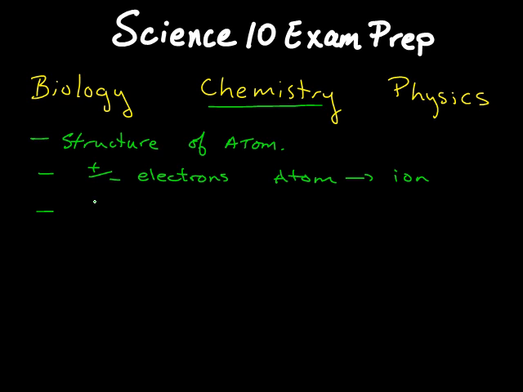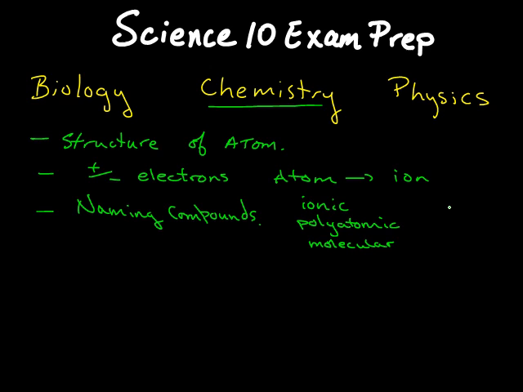You should know how to name compounds, and also go from the name to the chemical formula. So back and forth on those for all the ionic, the polyatomic, and the molecular.